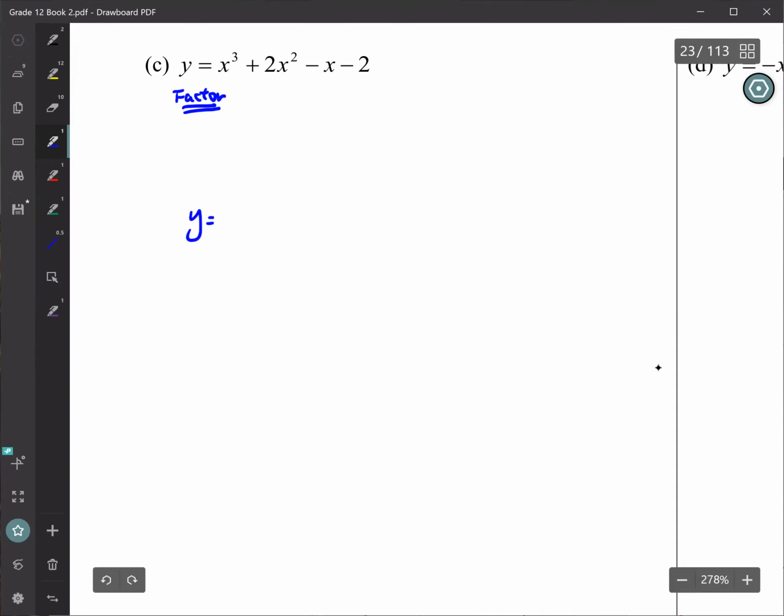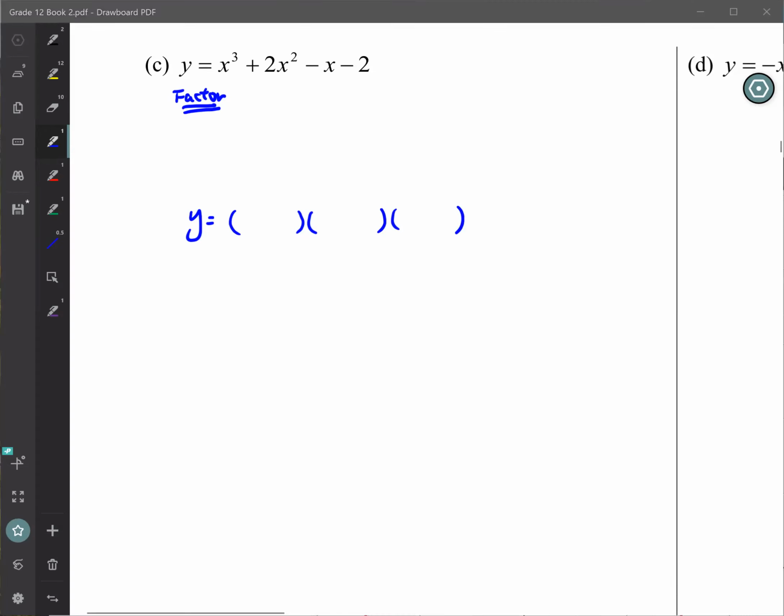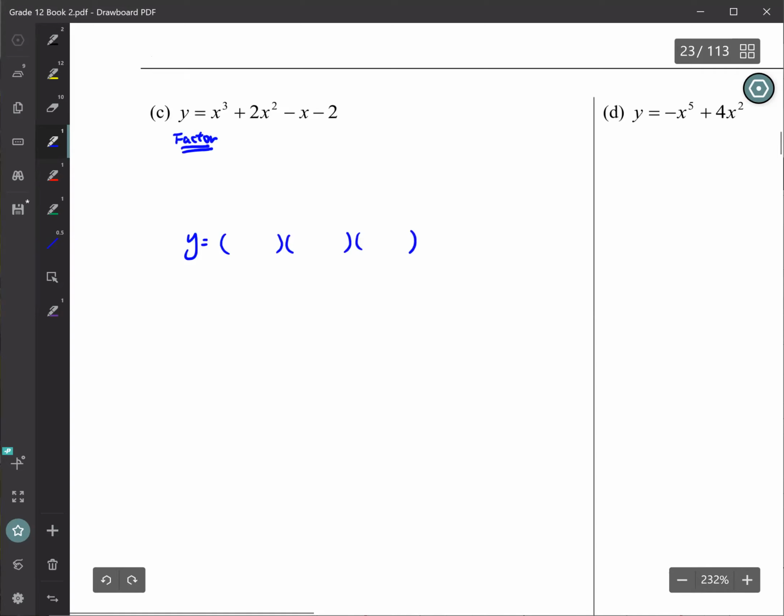I believe this one has 3 factors, I don't remember clearly, but it should have 3 brackets. Once you get the 3 brackets, you can raise your hand, and then we'll go over the rest of them together. If you have forgotten how to factor, go back to the notes, the last chapter.